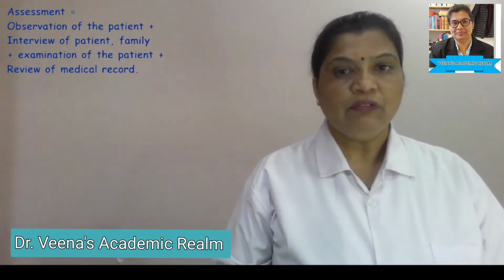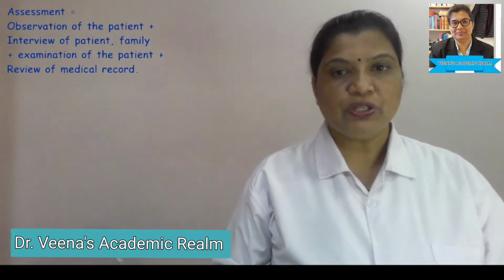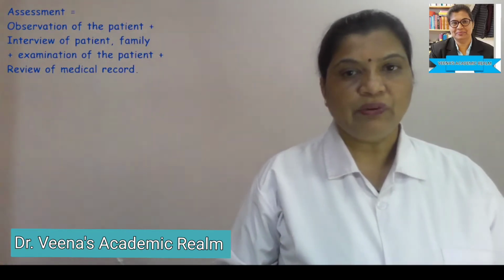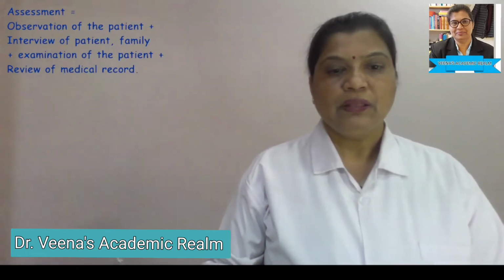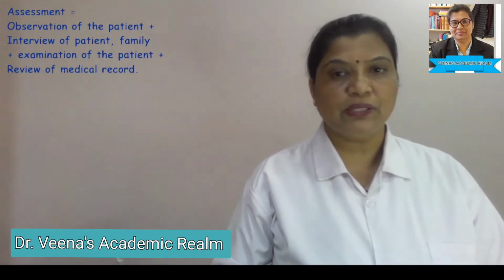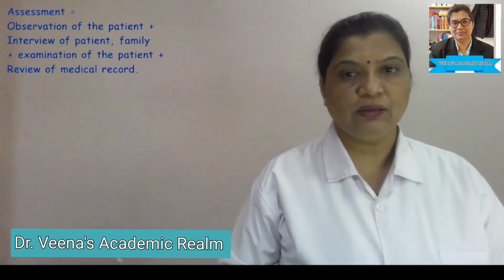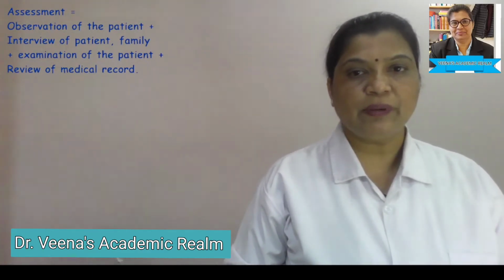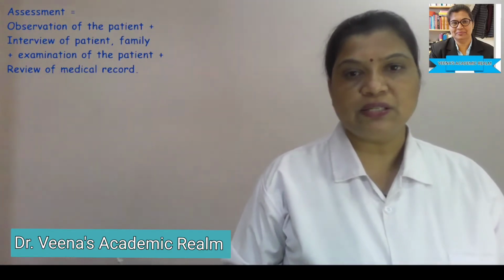Then family: we can collect information from the family and relatives also. If the patient is semi-conscious or unconscious, or we need to talk with the patient's relatives, we can collect information from relatives and friends. Then examination of the patient: head to toe examination, and then specific examination like cardiovascular examination, respiratory examination, assessing the respiration of the patient, and chest expansion.